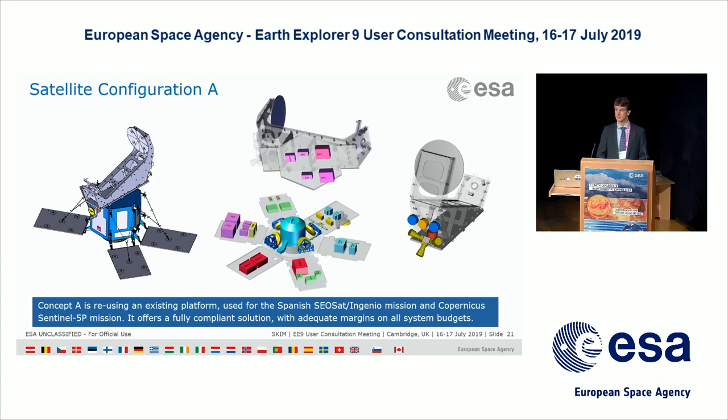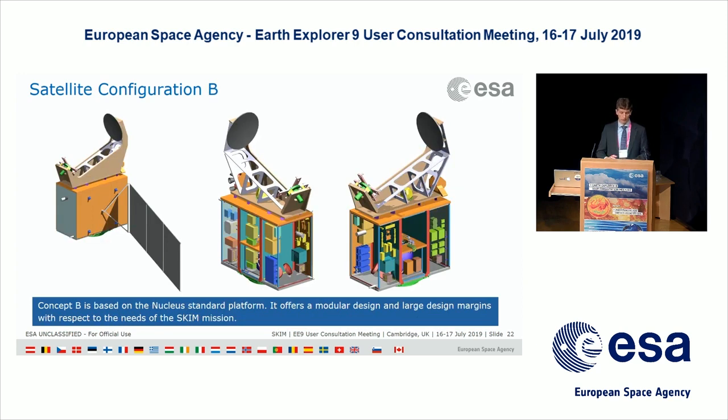For configuration B, this is based on a modular standard platform called Nucleus, which is currently being developed as a generic product line to also support the Copernicus high-priority candidate missions. Also for this platform, the feasibility has been confirmed, and the satellite offers very comfortable design margins.